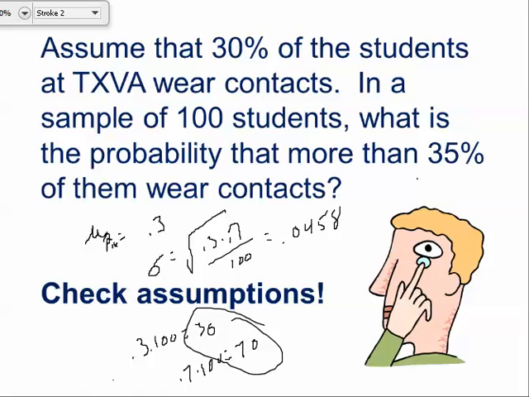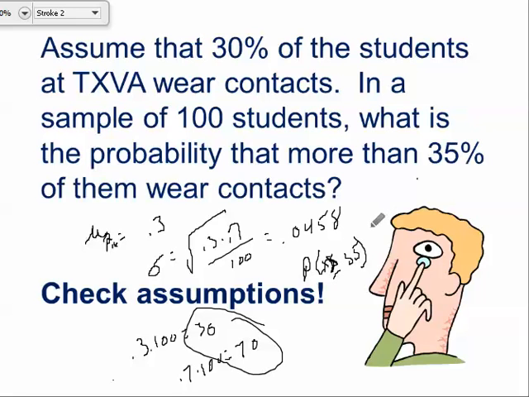Okay? So, what do you think? What's the probability that 35% of them wear contacts? Well, what are we looking at there? We're looking at P of X greater than or equal to 0.35.